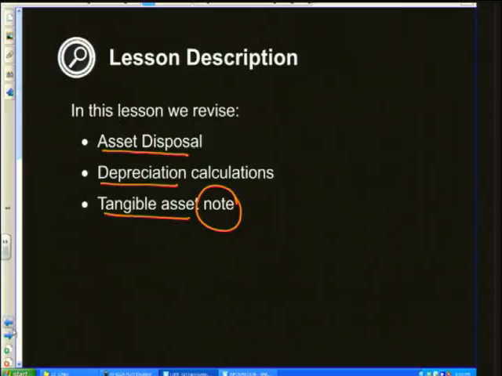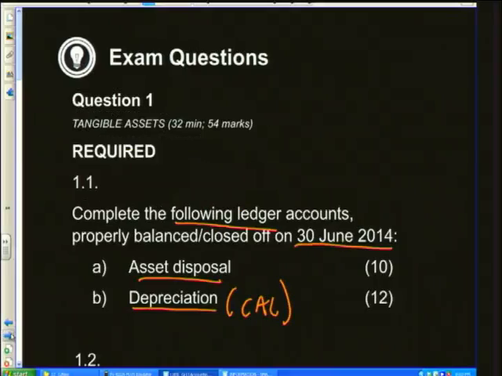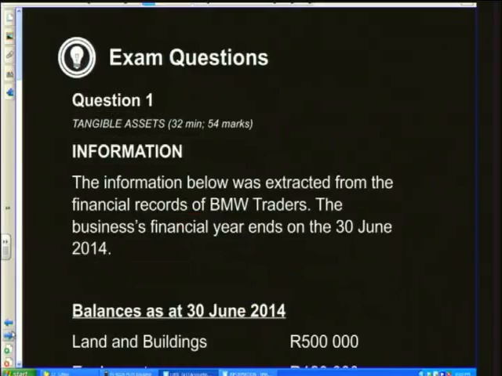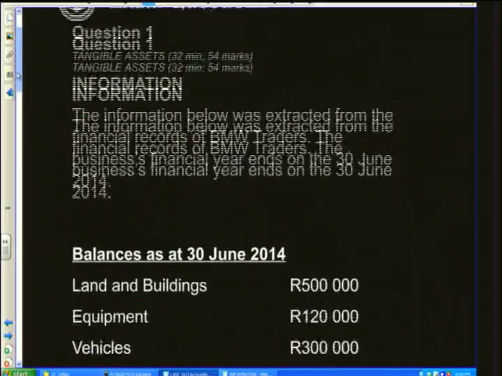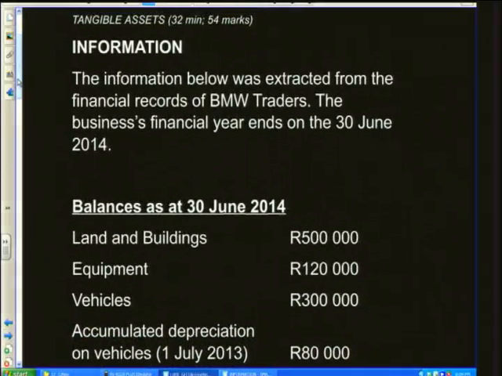Right, our information that we have. The information below was extracted from the financial records of BMW Traders. The business's financial year ends on the 30th of June 2014.